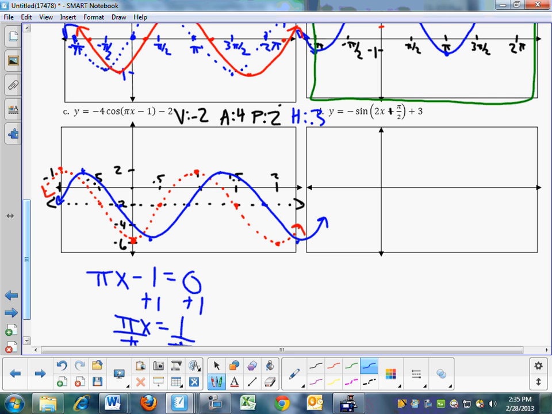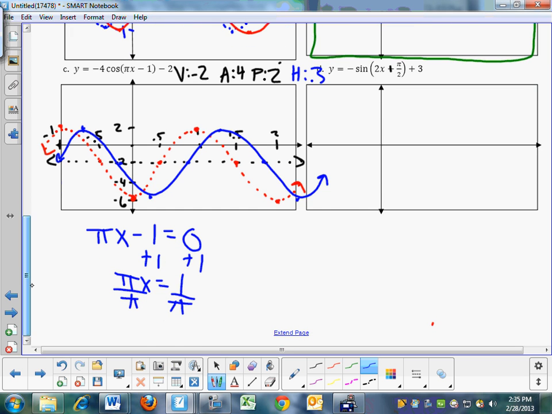Any question on that before we move on to the last one? Yes. So the horizontal shift is 0.3. You see how we got 0.3? We took the inside, pi x minus 1 equals 0. We solved for it. We got x is 1 over pi, which is 0.3.